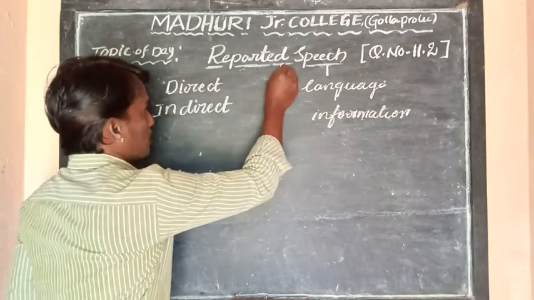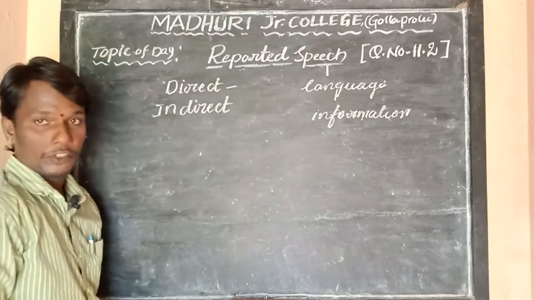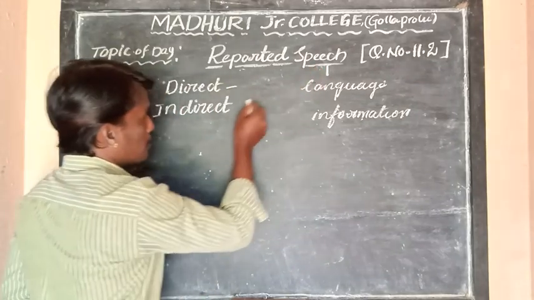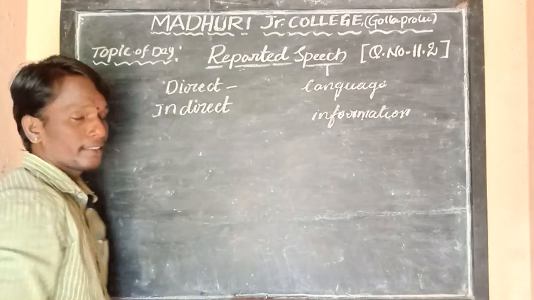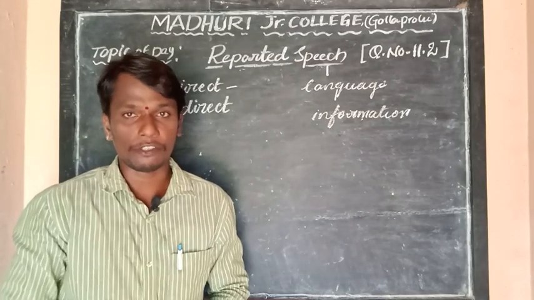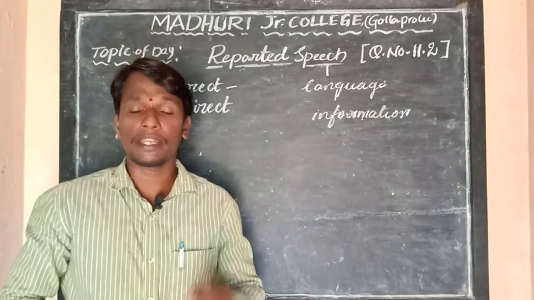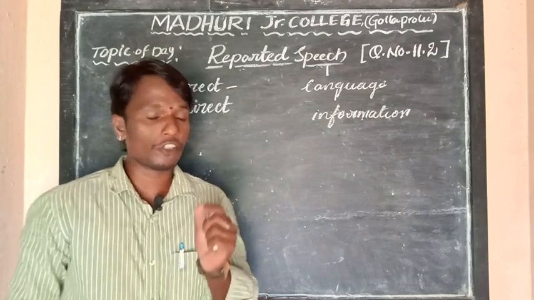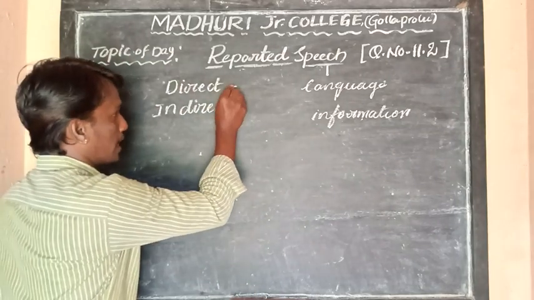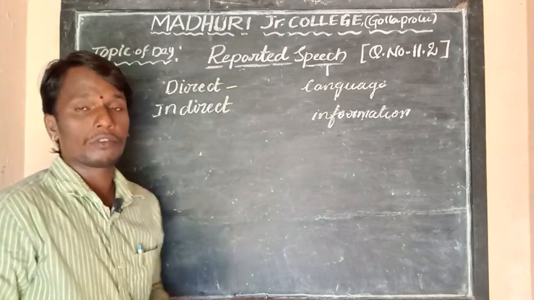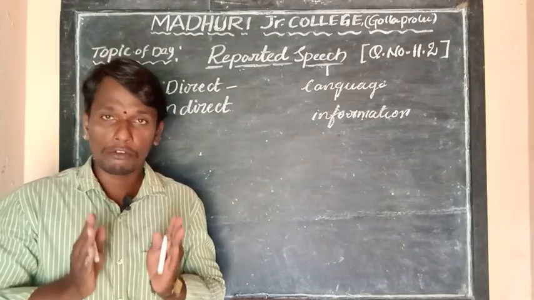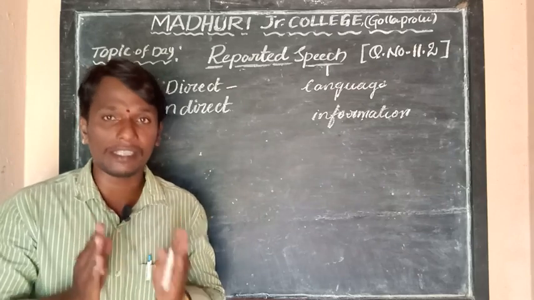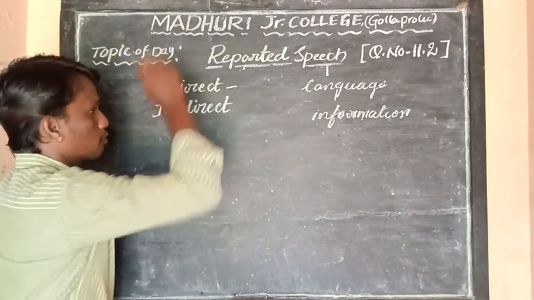If the speech is reported directly, that is direct speech, and if the same speech is reported indirectly, that is indirect speech. If somebody asks you what exactly reported speech is, it is both direct and indirect speech together.